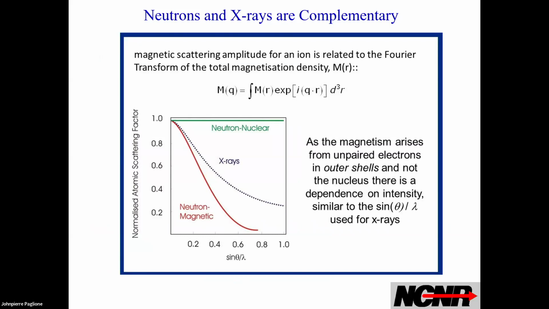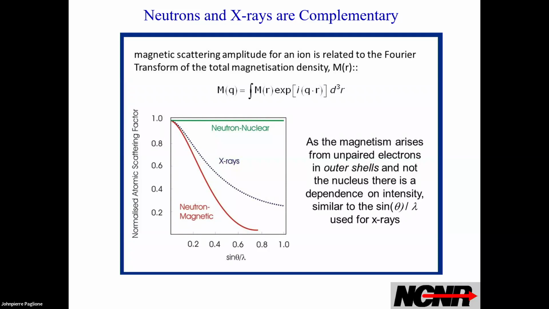The magnetic form factor is here for neutrons. It's just a typical one. For X-rays, it typically drops off quite a bit slower with momentum transfer. The reason is, of course, that you Fourier transform the higher charge density of the atom. So if it's a 3d, say iron 3d magnetic moments, you start out with 1s, 2s, 2p, and all of those electrons contribute to the X-ray scattering.